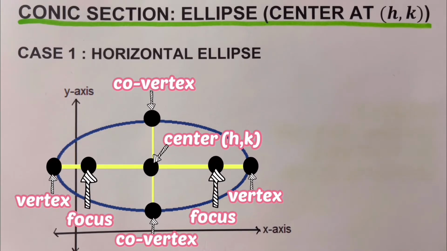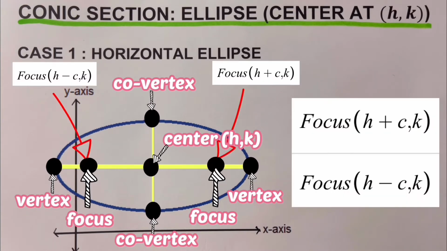Another part is the focus. We remember that the coordinate of the focus for this case, which is the horizontal ellipse, is represented as (h plus or minus c, k). This is the coordinate of the focus for the horizontal ellipse.